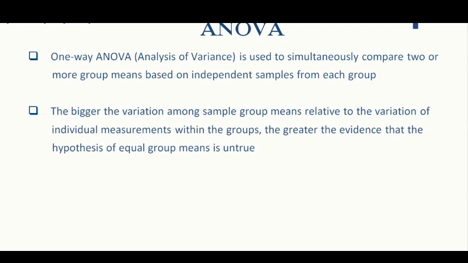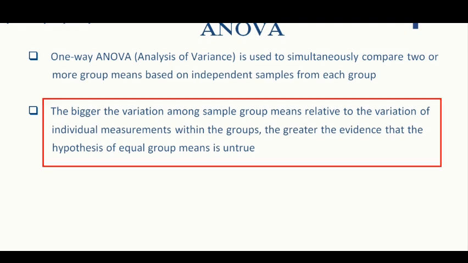So, there is one factor which is dividing the population into different groups. We are considering the variation among the sample group means relative to the variation of individual measurements within the groups.